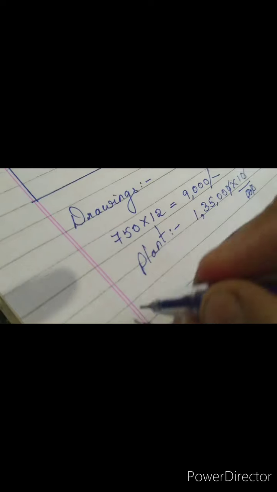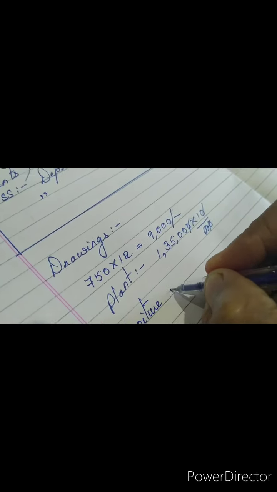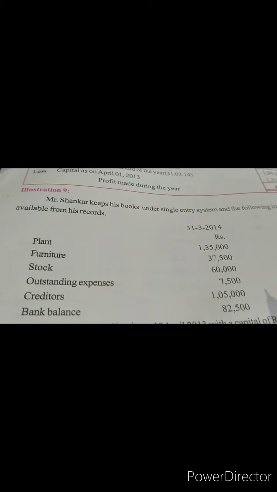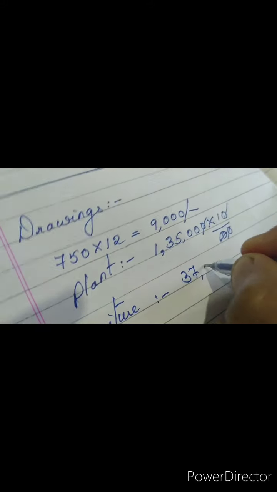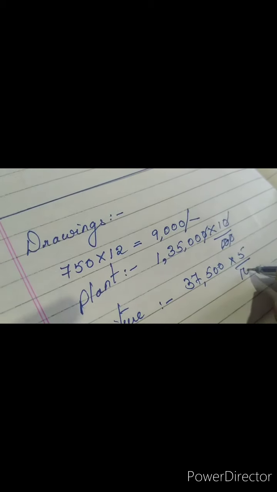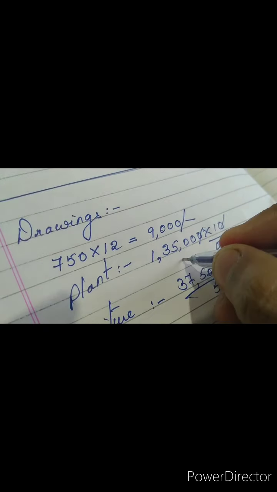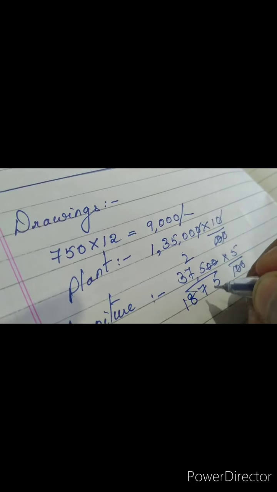So 13,500 plus, again on furniture we have to see how much is the depreciation we are going to get after calculation. In the question, furniture given is 37,500. Just take that amount and calculate 5% on it. 5%, that is 5 by 100. Just cancel the zeros. 5 5s are 25, 5 2s are 10, 5 3s are 15 plus 3, 1875.